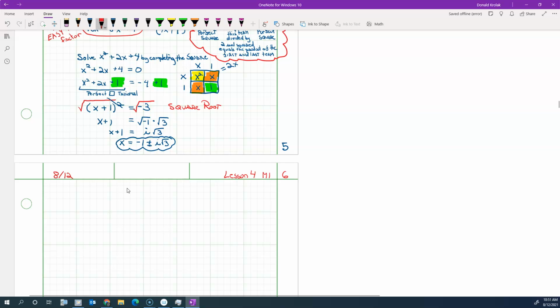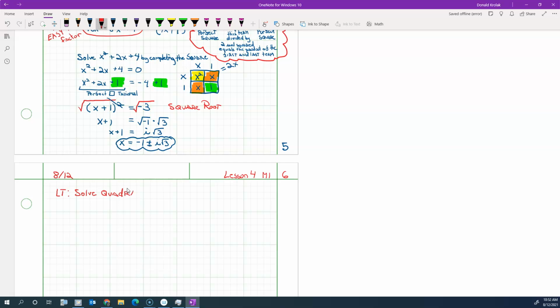Okay, so the learning target is the same. Okay, so copy that down.